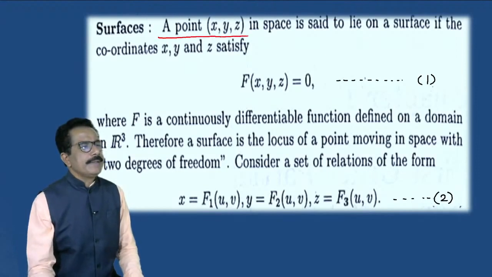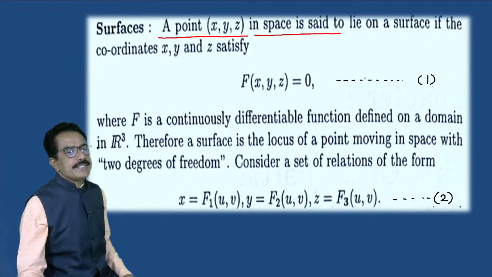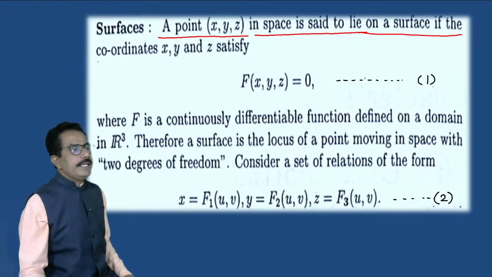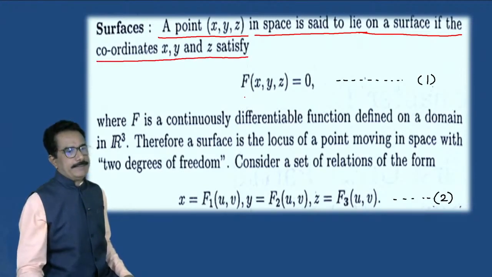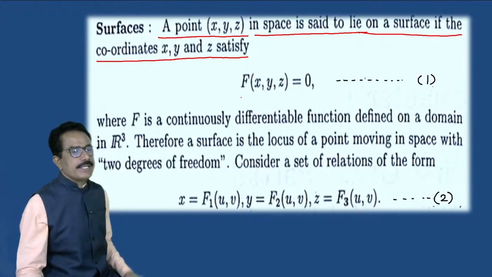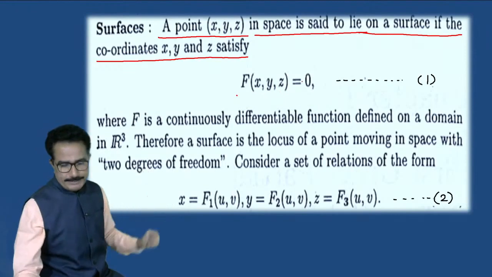A point (x, y, z) in space is said to lie on the surface if the coordinates x, y, z satisfy the equation, this function f of x, y, z. See this.